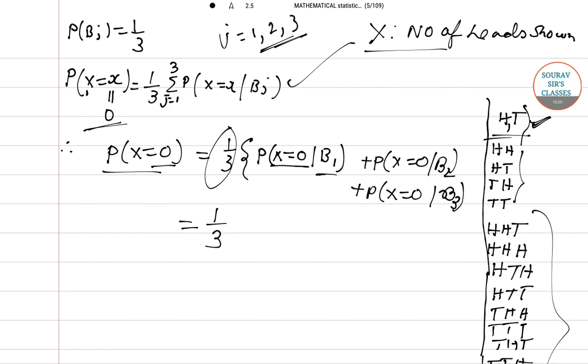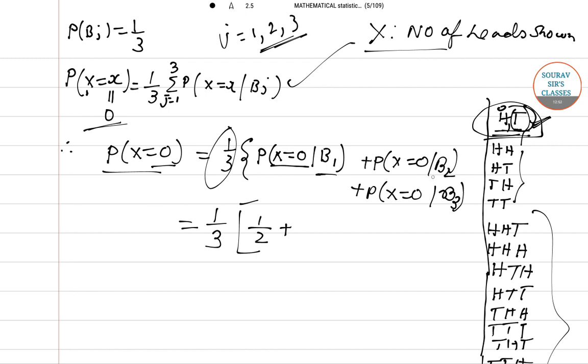Here when x equals 0, that is no head, there is only one case, that is tail. So out of 2 possibilities, we'll have 1 possibility when there is no head. So we'll write down 1 by 2.